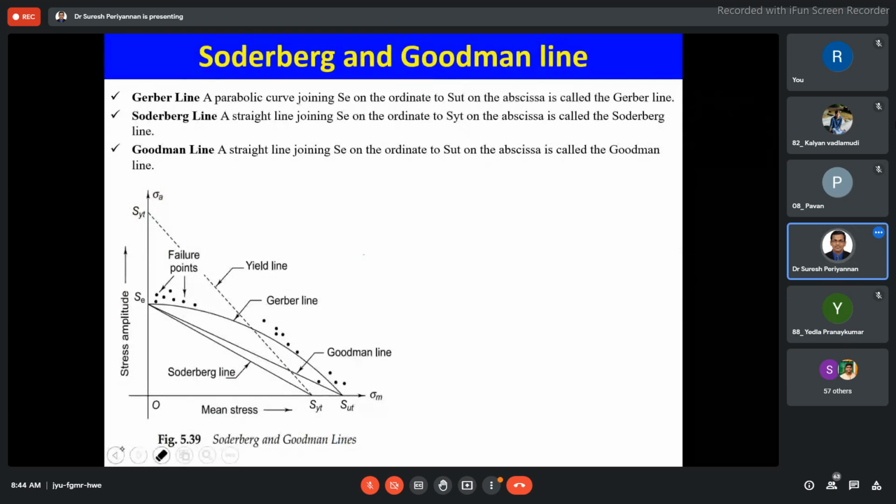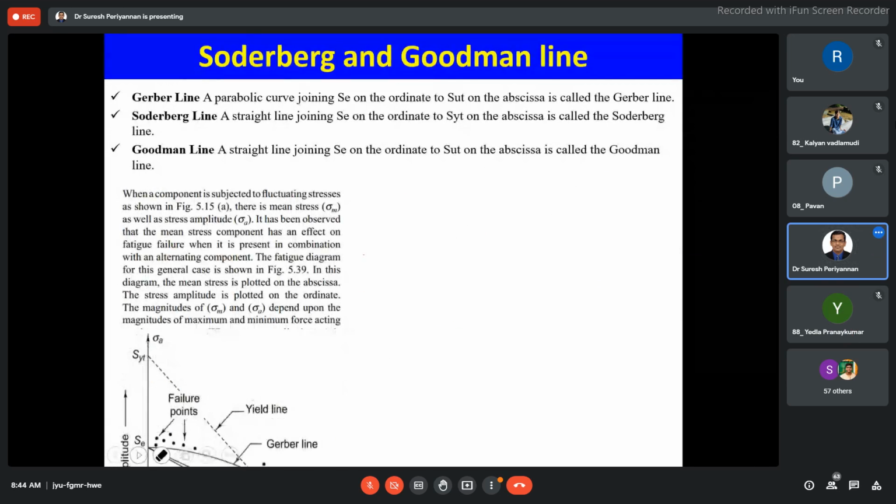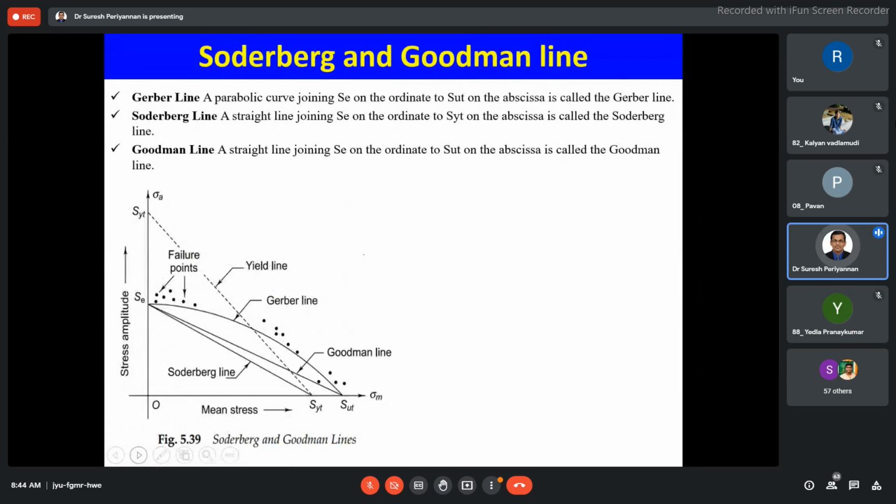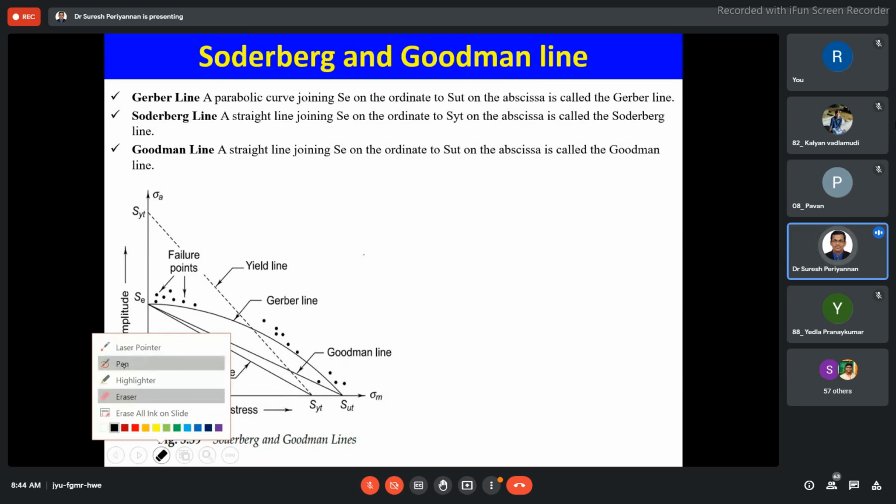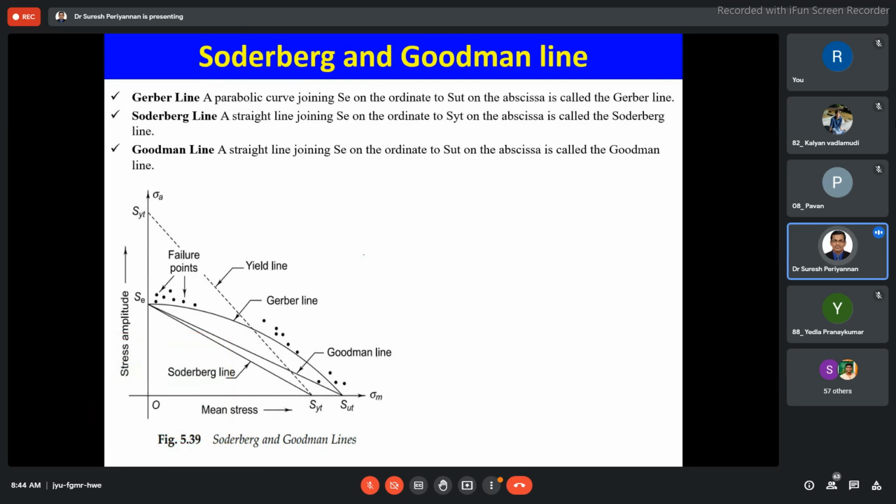When we are dealing with the combination of sigma M and sigma A, the mean stress and stress amplitude, the life cycle of the component is dispersed here and there, so we have to optimize it in a particular way.